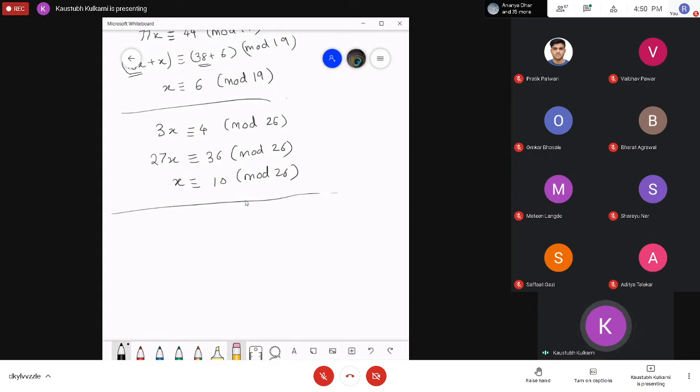There is a Chinese puzzle basically, which may not be the exact puzzle, I don't know, but it is said that the original question was: find a number which leaves a remainder of 2 when divided by 3, a remainder of 3 when divided by 5, and a remainder of 2 when divided by 7.